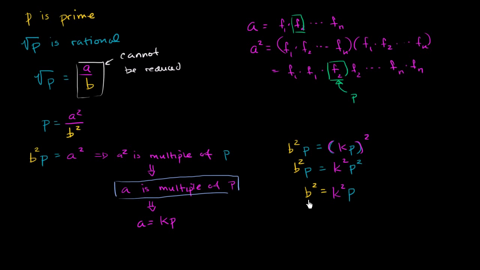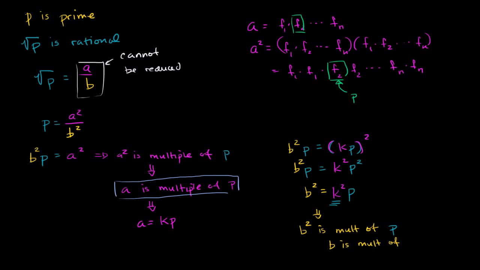So now we have it the other way around. B squared is equal to some integer squared, which is still going to be an integer, times p. So b squared must be a multiple of p. And by the logic that we applied right over here, that lets us know that b is a multiple of p.